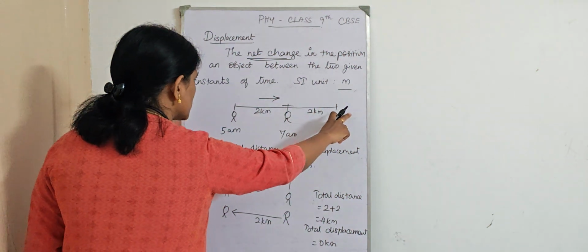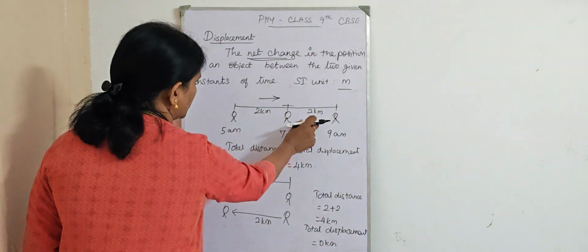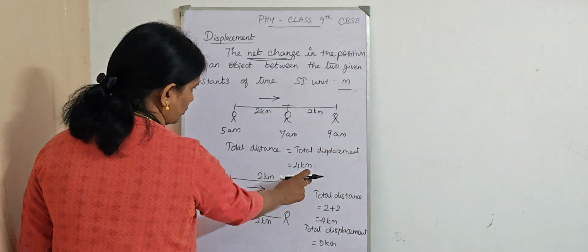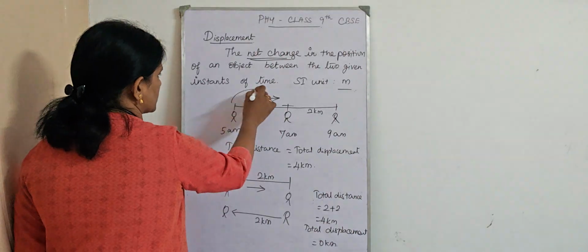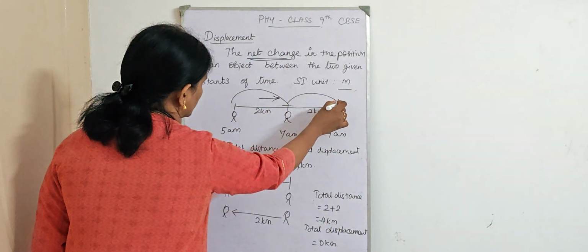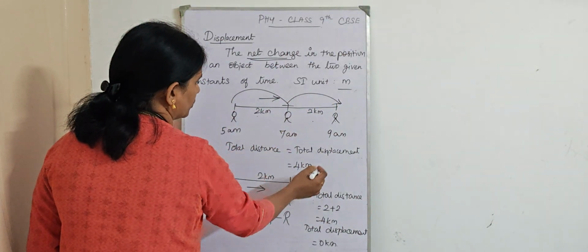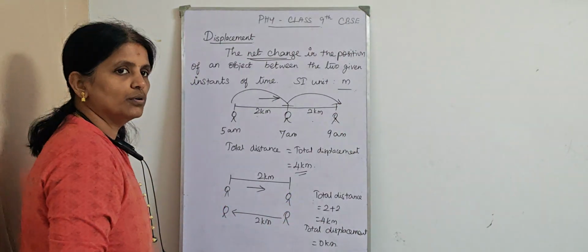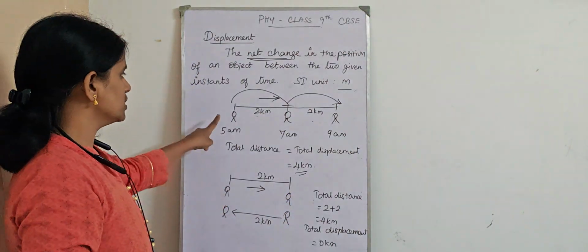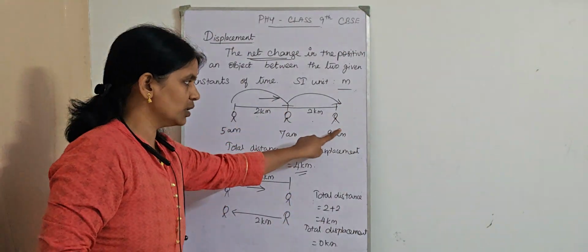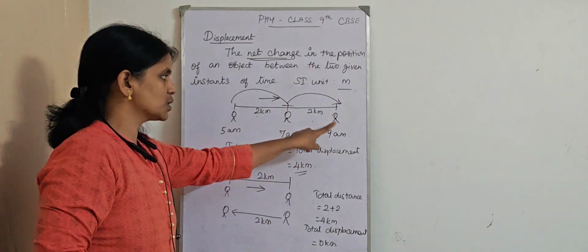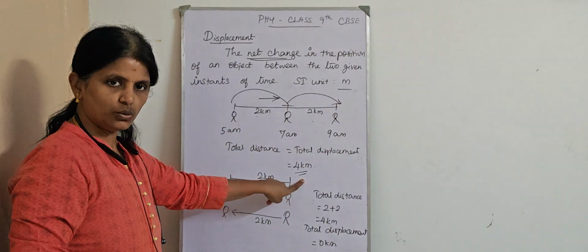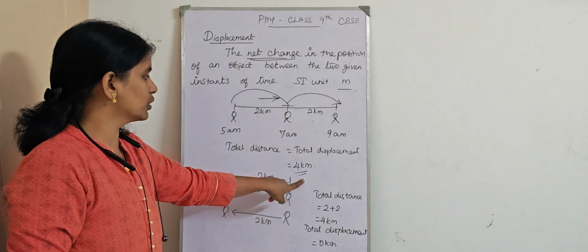So the total distance covered is 2 km plus 2 km, which is 4 km. And the total displacement is also 2 km plus 2 km, which is nothing but 4 km. In the first case, the total distance covered by the object and the total displacement are equal, which is 4 km.